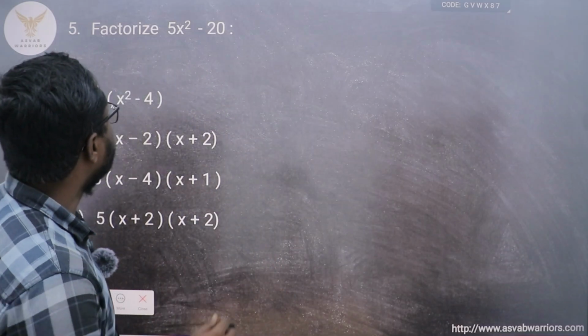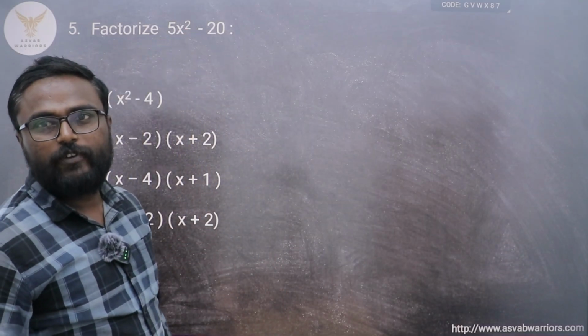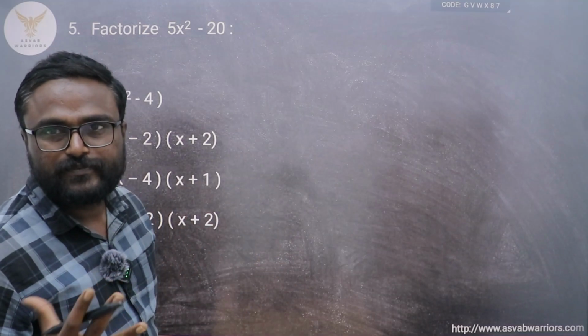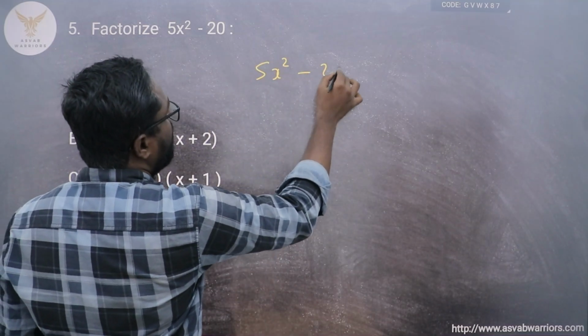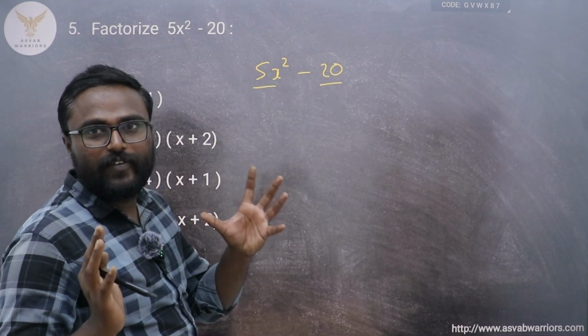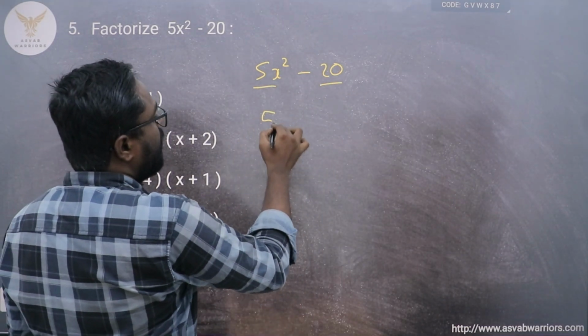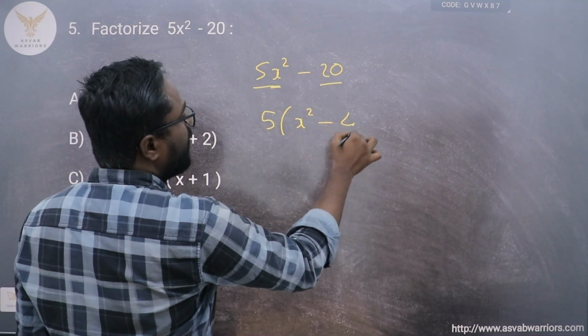The question says factorize 5x square minus 20. Here we are going to use the identity. So 5x square minus 20. First I'll take out the common factor, which is 5. What is remaining? x square minus 4.